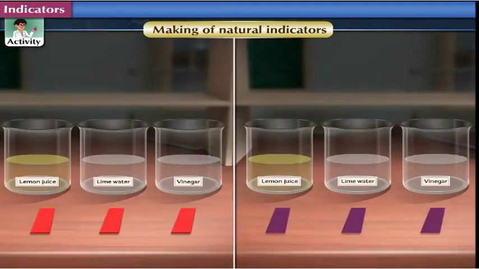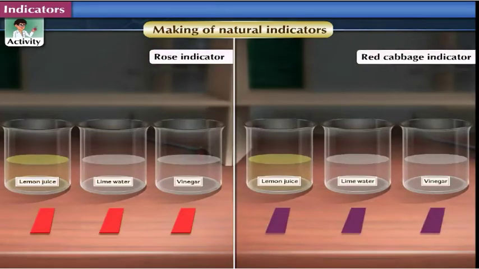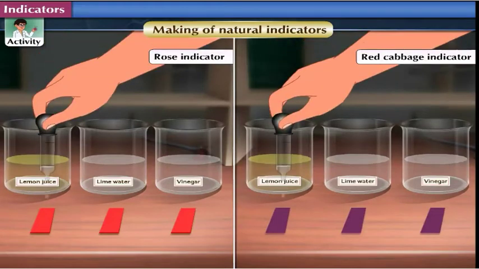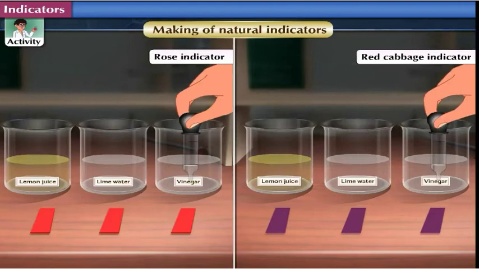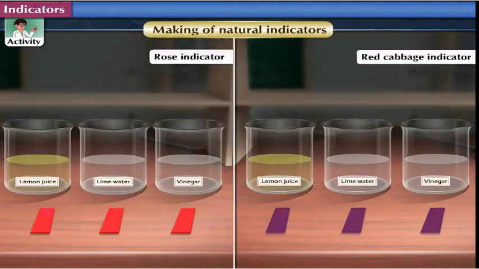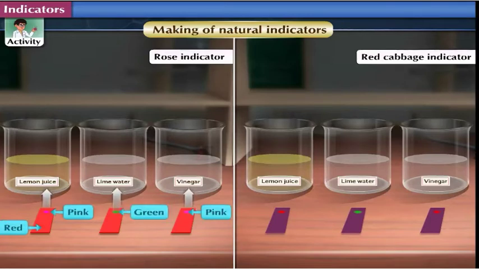Similarly, take rose indicator papers and red cabbage indicator papers. Put few drops of lime juice, lime water and vinegar on them and observe the color change. Rose indicator papers show color change from red to pink on addition of lime juice and vinegar. It turns green on addition of lime water.